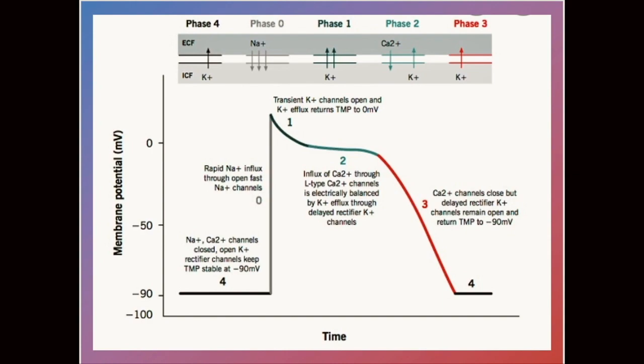There is rapid repolarization and a massive potassium efflux, and I told you the reasons for this potassium efflux. Next is phase 4, which is the resting potential phase, in which high potassium permeability is achieved through the potassium channels.